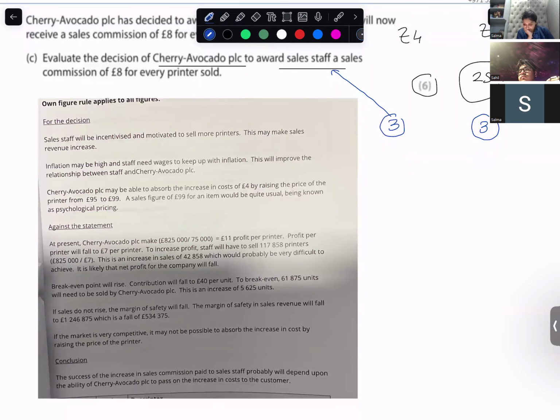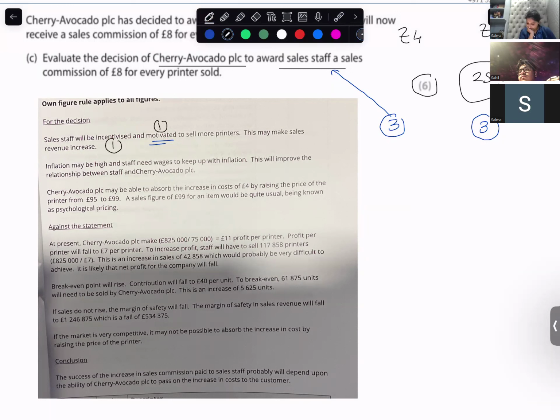So one could be that the increase in commission would motivate the sales staff to sell more printers. The sales staff will be motivated, very good, and this will increase the sales revenue.